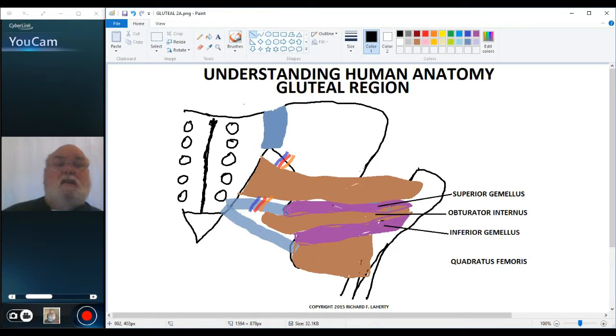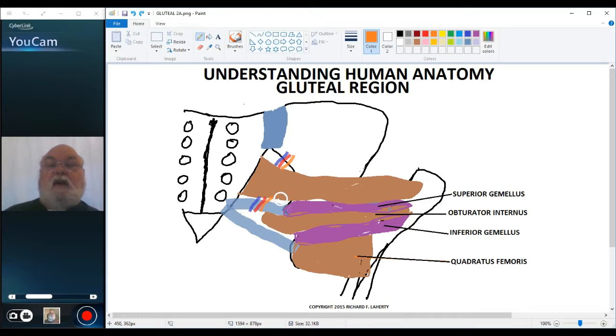And we'll draw a line to the label here. So, quadratus femoris.